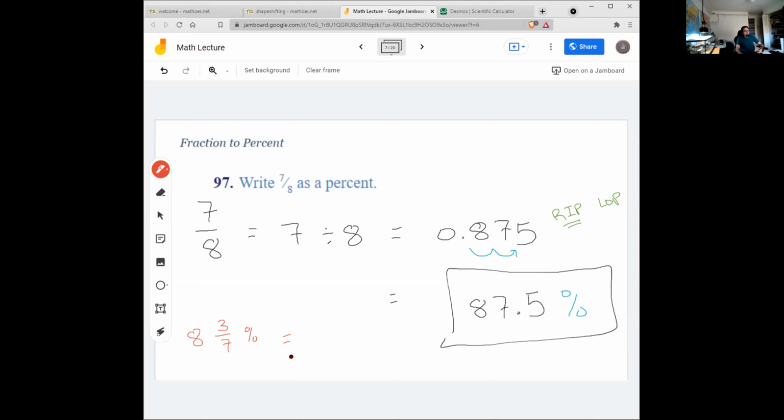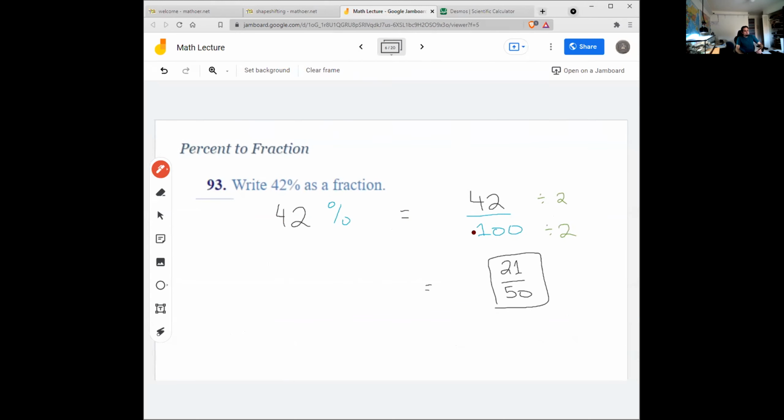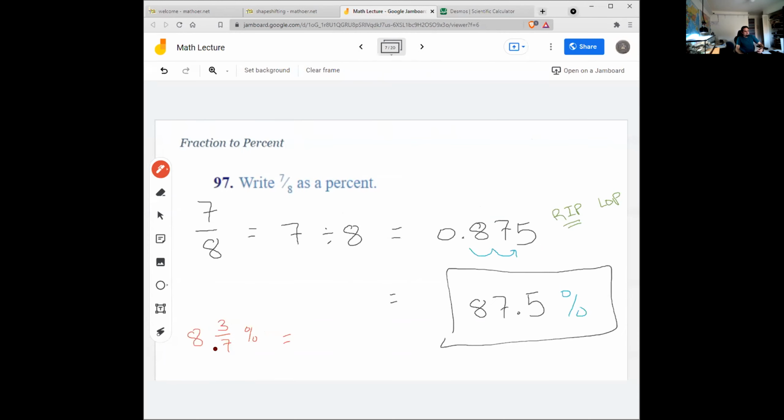And you'll see why if you try doing percent to fraction this way. If you try and take this thing, get rid of the percent and put it over 100, that's kind of messy. It's easier instead to do a times 1/100, make this into an improper fraction and multiply like you know how.